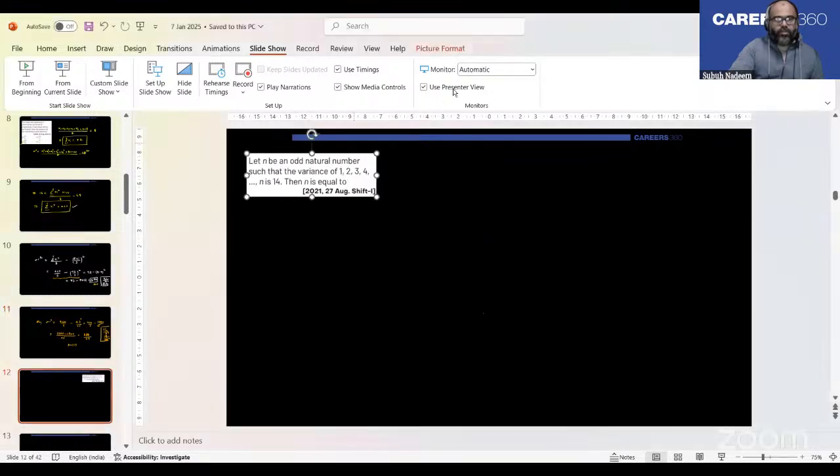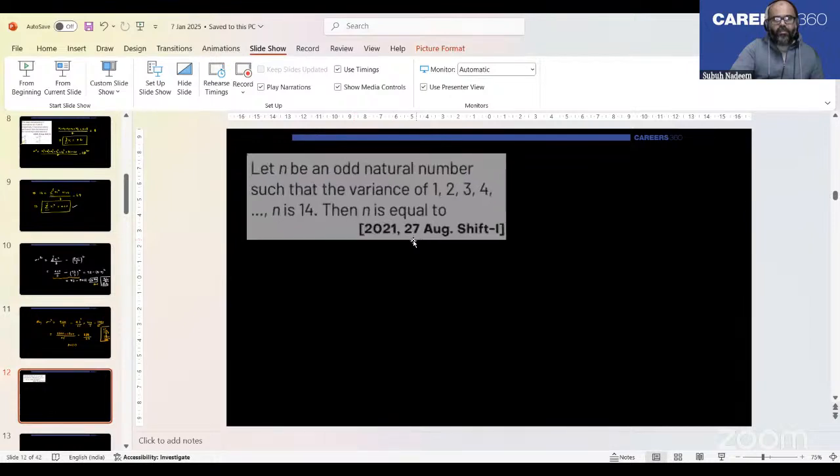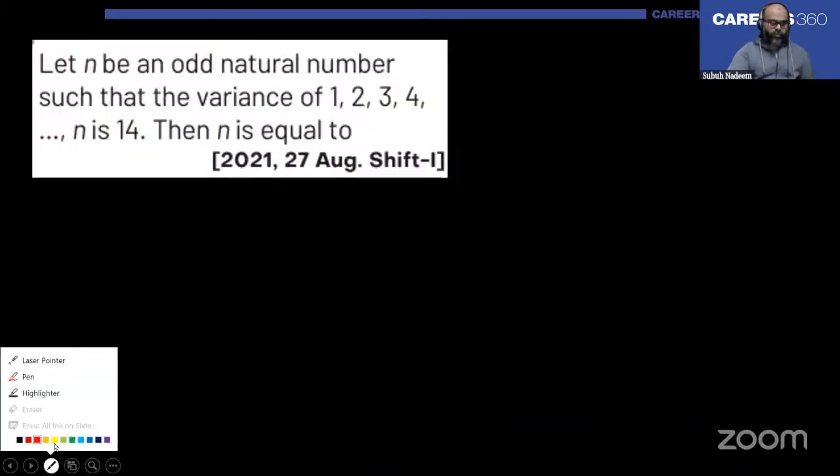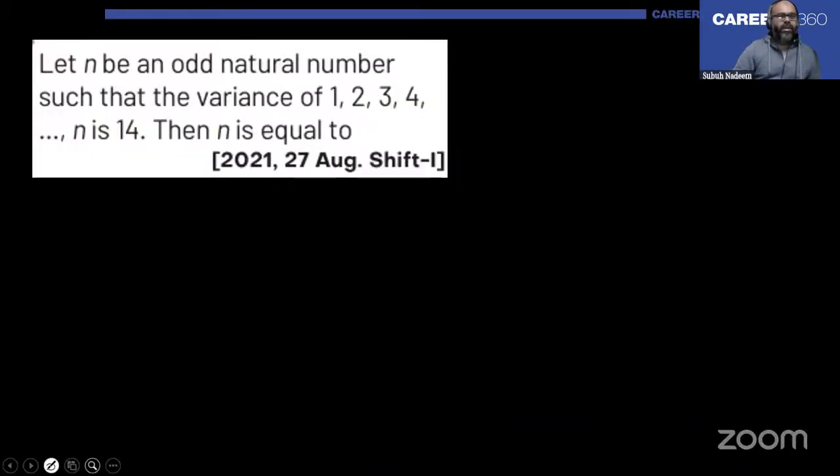Now let us come to the next question. Let n be an odd natural number such that the variance of 1, 2, 3, 4 till n is 14, then n is equal to.